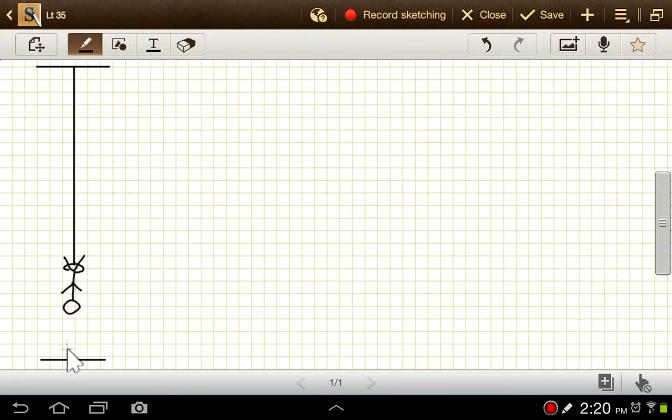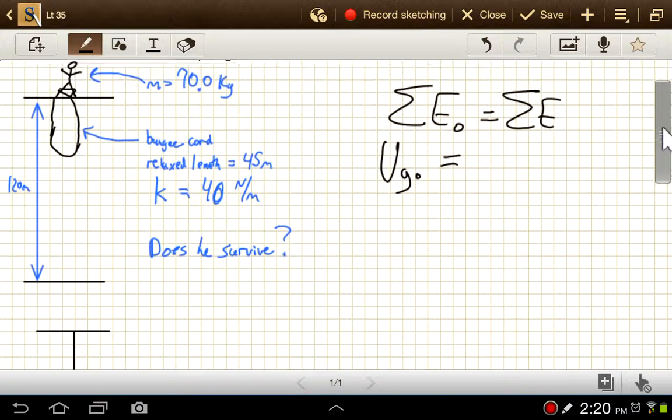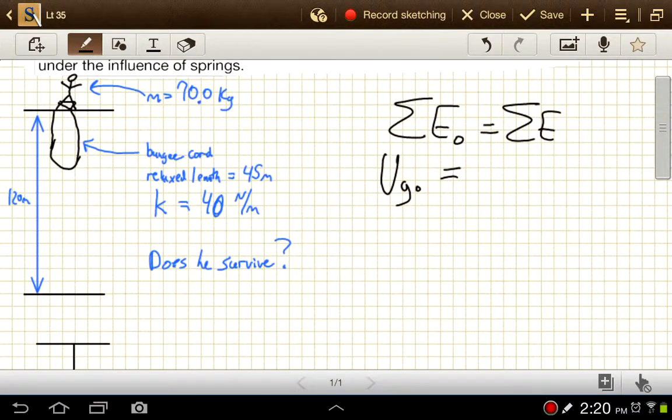Hopefully still has a little distance between him and the ground, so we'll assume there's some gravitational potential energy there. And this bungee cord is all stretched out at this point, so we've got elastic potential energy there as well. So we'll have gravitational potential plus spring energy, or elastic potential energy.